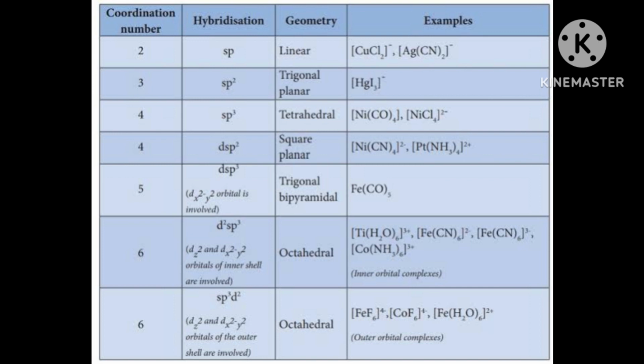Then now in the excited state, what will happen? When energy is given, after getting energy, it will be excited. Then now only in the d orbitals, they themselves will rearrange.